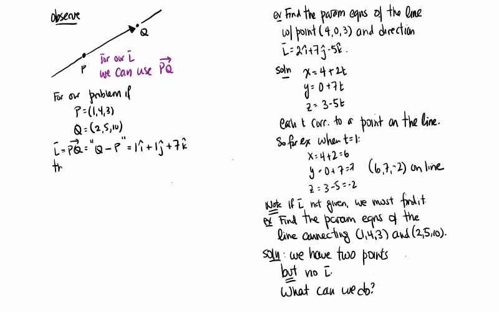So then we take P and L. Remember how this works: I take P, that's the 1 from the P, plus 1t. That's from the L. Y is 4 plus 1t. Z is 3 plus 7t.